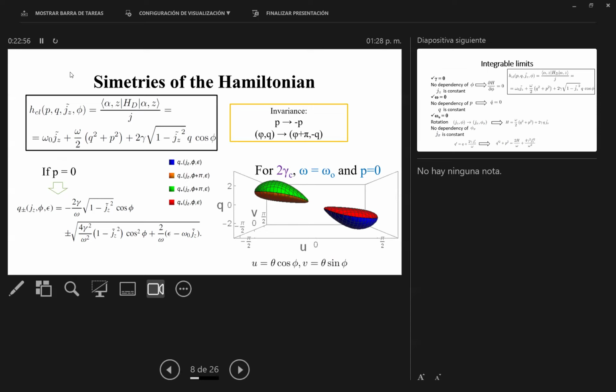Alpha is complex, but Q, P, phi, and theta are real. The answer is yes, the root could be complex, but in the Hamiltonian sense, it's only for real numbers.